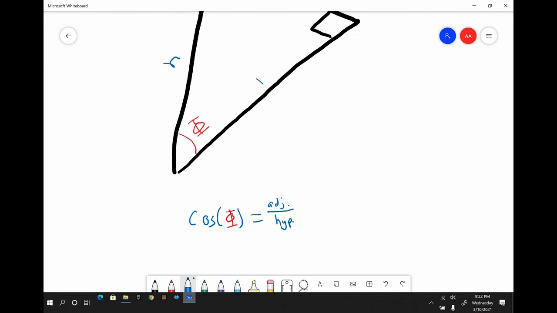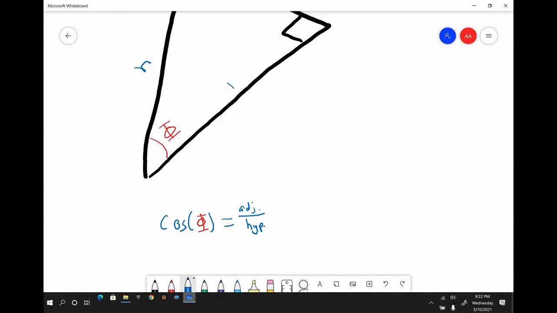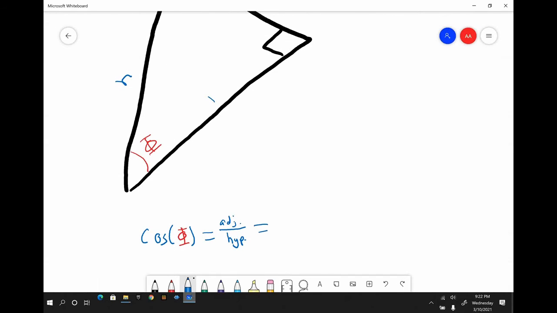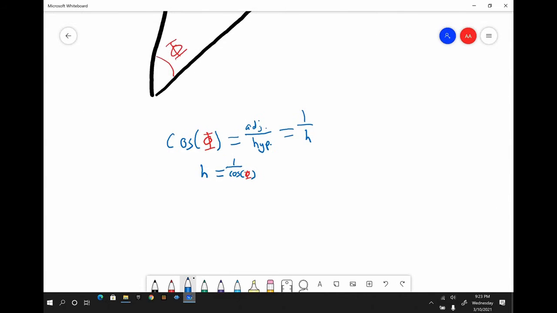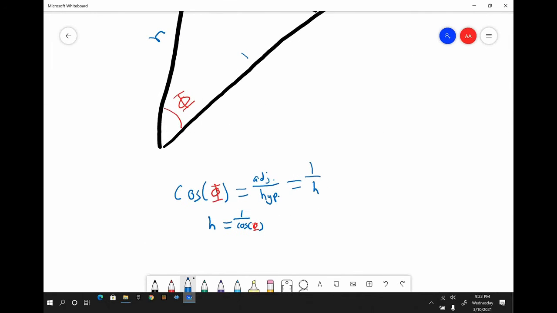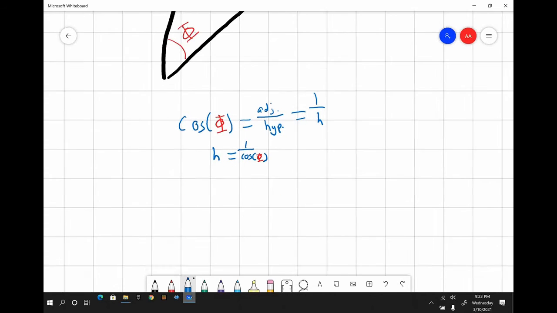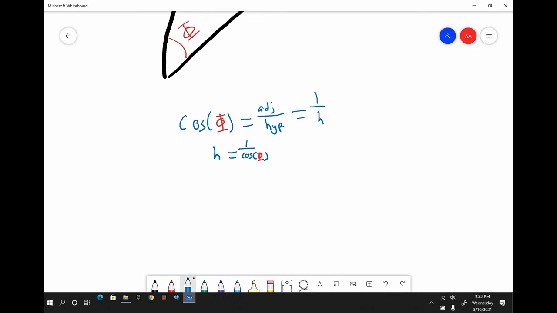So the adjacent over the hypotenuse is equal to 1 over h. And rearranging our variables to solve for h, we will get that h is equal to 1 over the cosine of phi. And we'll keep this in the back of our minds because this is what we're looking for. And we can also solve for the sine of phi.